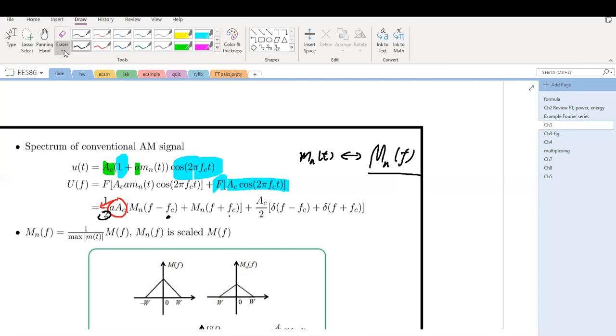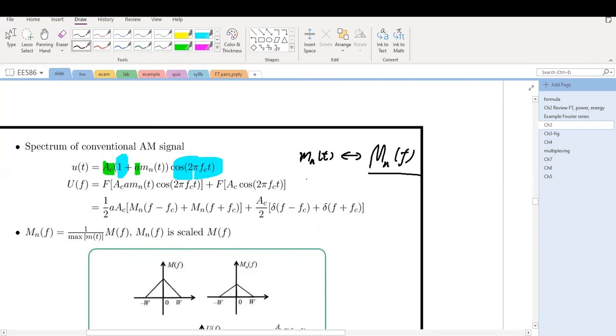So this is the modulation property. This is the same result from the DSB-SC. What about this one? This is two delta functions at f_c and minus f_c because this is a cosine signal. And M_n(f) equals the scaled version of M(f) because this is a scalar.